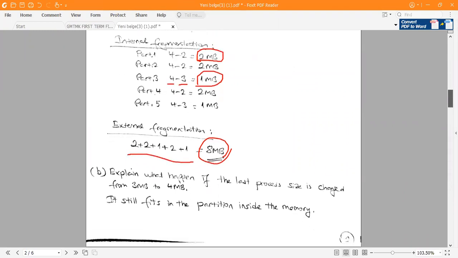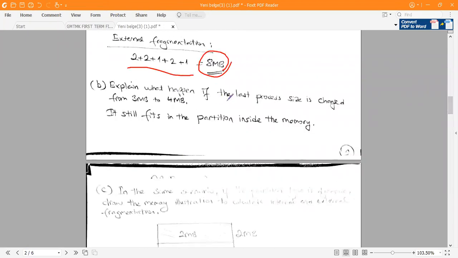In part B, it is saying what will happen if the last process size is changed from 3 megabytes to 4 megabytes.